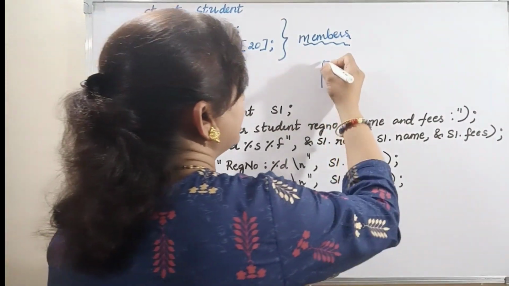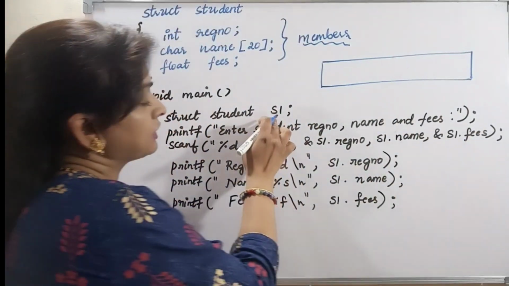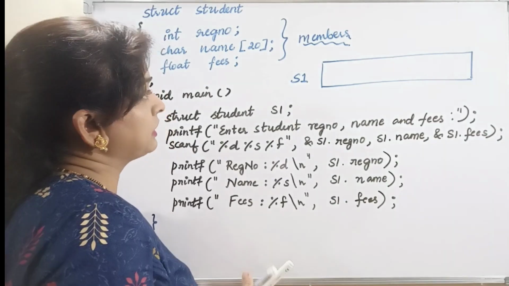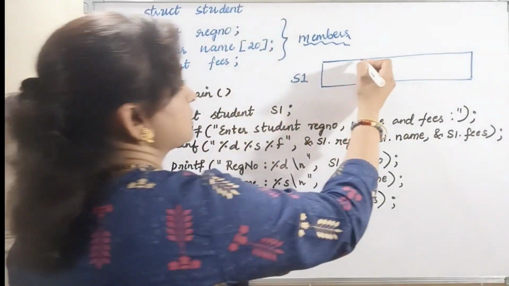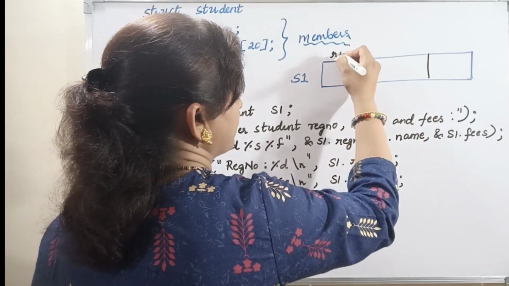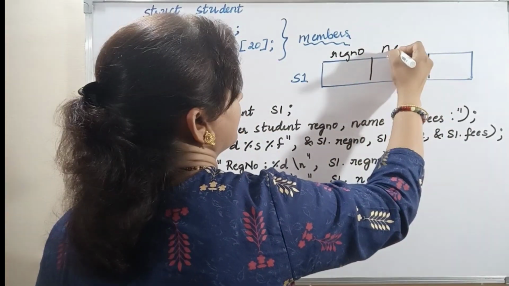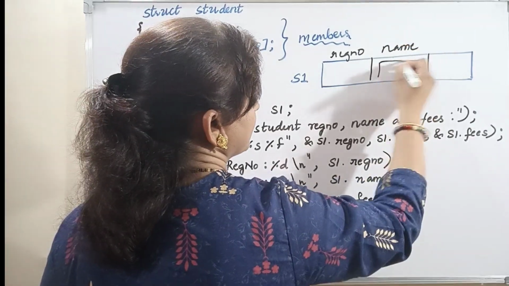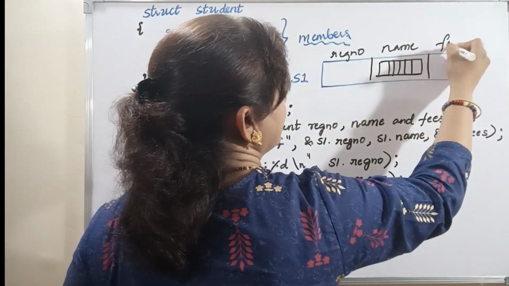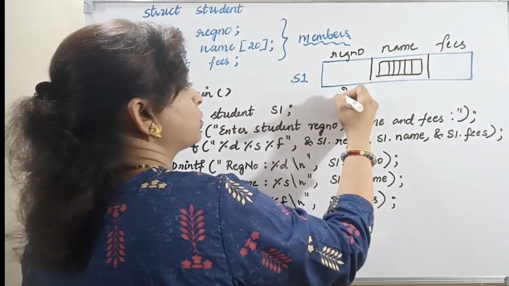So here, let me write the memory representation for this. I have created the structure variable, say s1. So I am going to get the memory for its members, that is register number, name and fees. For register number, which is of integer type, 2 bytes of memory.